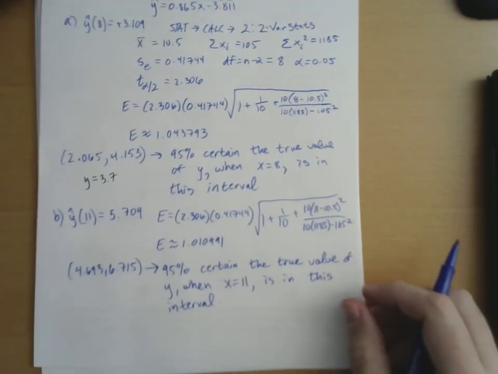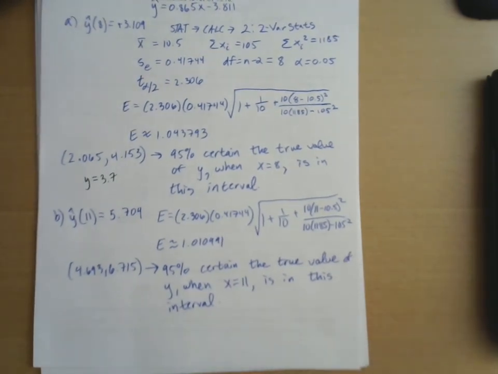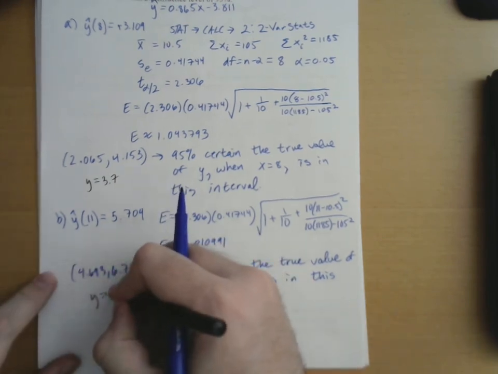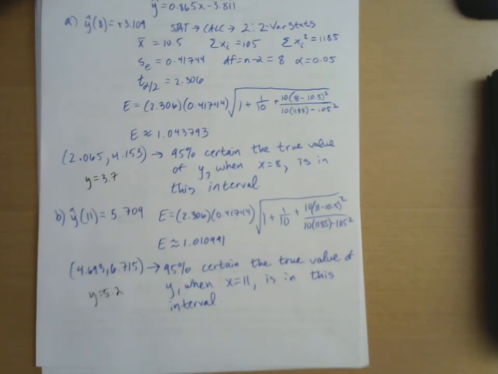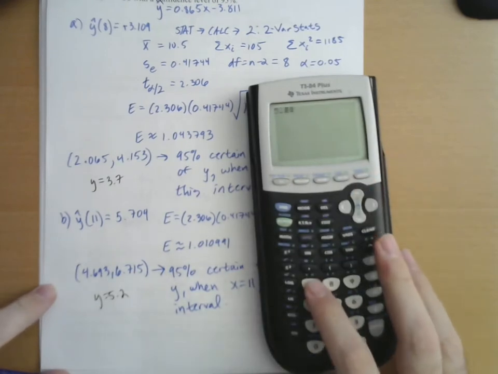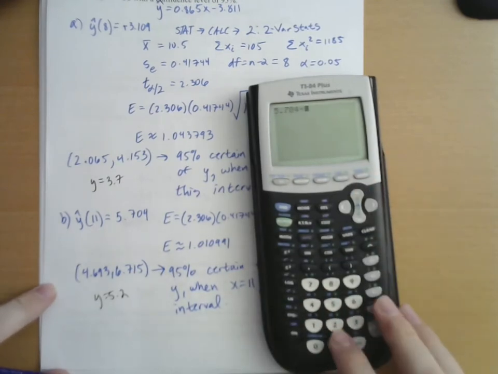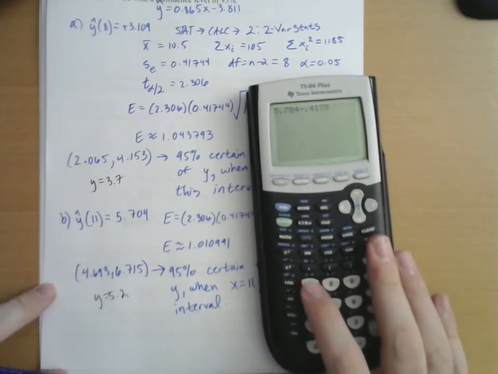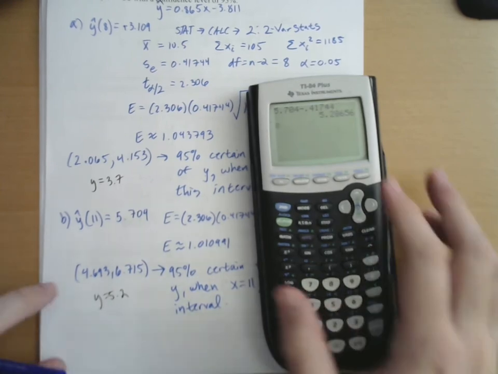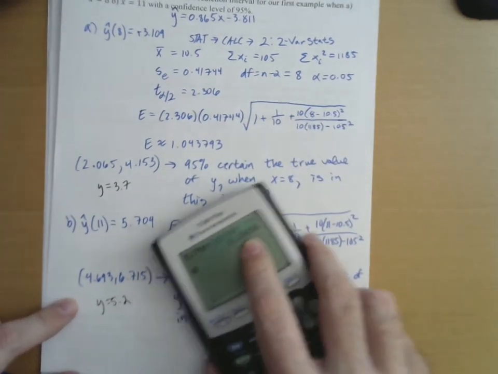And if we look at our original data, the value for y when x is 11 is 5.2. So again, take your estimate, 5.704, and subtract 0.41744, and we're at 5.28.